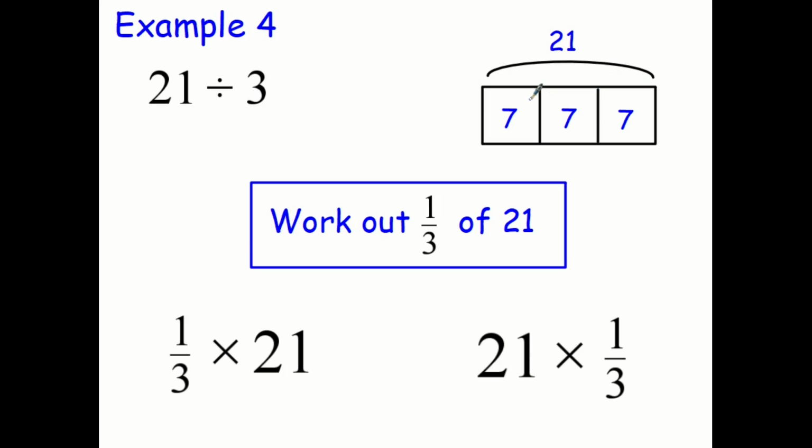What number has to go into each of those boxes in order to get back to that 21? It's got to be 7, because 3 sevens make 21. So 1/3 of 21 is 7, as you can see here. And remember that this can be written as 1/3 multiplied by 21 and 21 multiplied by 1/3, but it still means the same thing. It means 1/3 of 21.